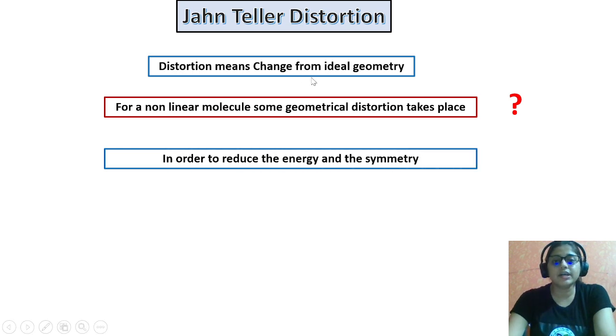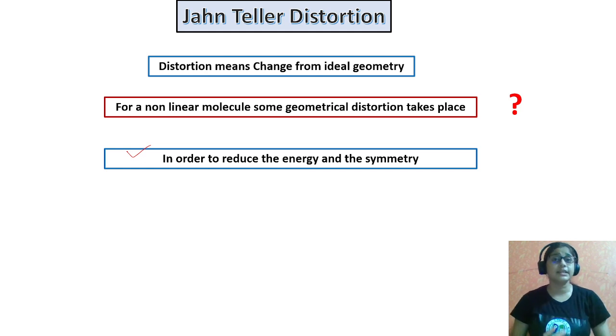Before that, we have to have the idea of why distortion happens in every case. Why does any system go for a distorted structure? It is to reduce the energy and the symmetry. Reduce the energy means, as we know from the energy profile diagram, the states which are lower in energy are stabilized.